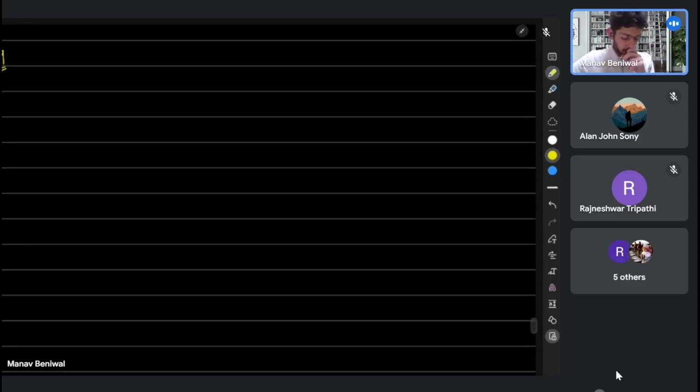So this is problem 1 of chapter 1, and it goes like this. Consider a Thomson apparatus with the following dimensions.